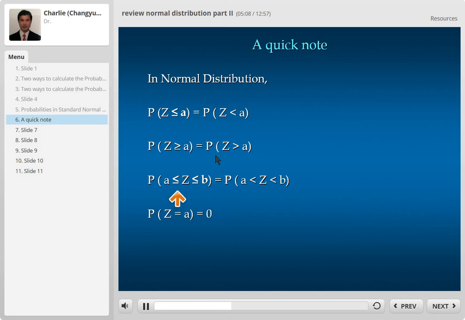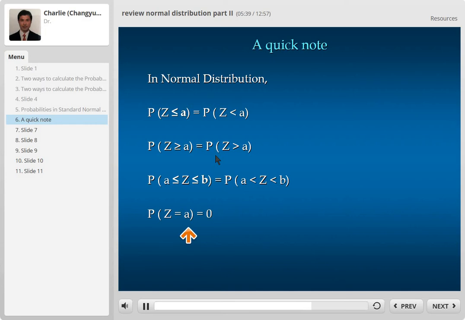Now, if we see the probability of Z bigger or equal to A, smaller or equal to B, then it is basically the probability of Z bigger than A and smaller than B. The reason is that in a normal distribution, the probability of Z equal to any number equals 0.